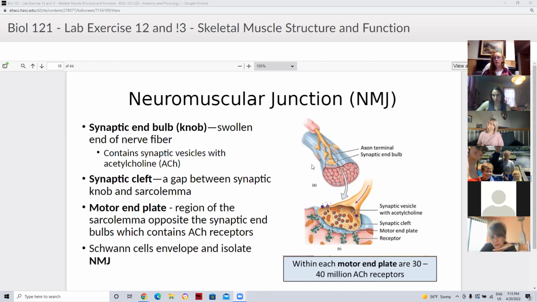This is the same thing here, but rather than working from one neuron to another neuron, we're just looking at a neuron connecting with a muscle. And the neurotransmitter that will always be used here is acetylcholine.